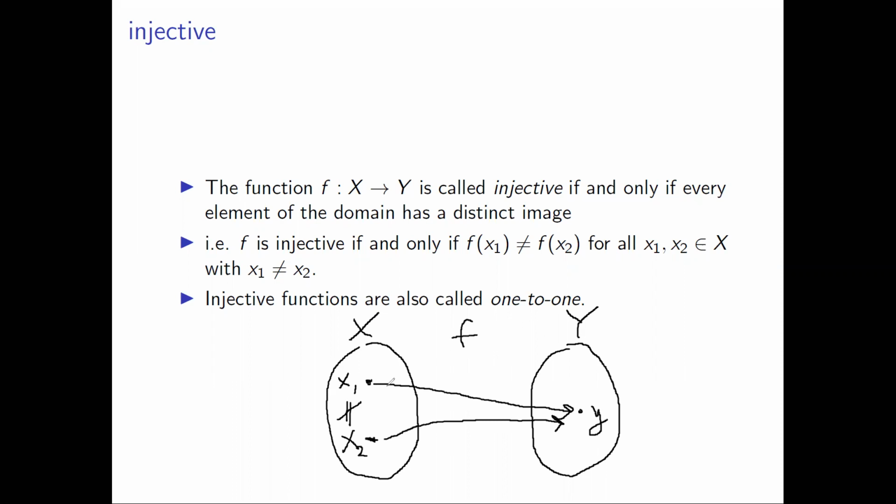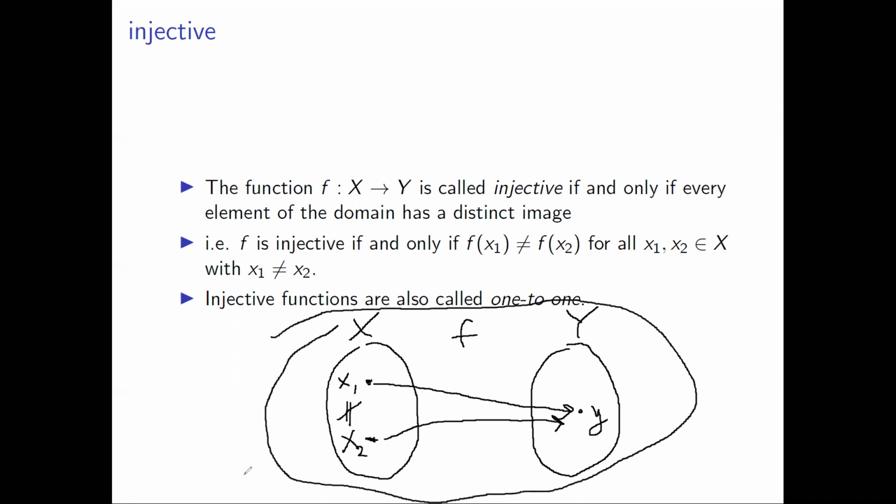One way to draw f is with arrows, showing which element of Y is assigned to each element of X. The way we've drawn it here, we've mapped both x1 and x2 to the same element of Y, which we're calling little y. This is bad for injectivity. We don't want that. So that's the picture to keep in mind.